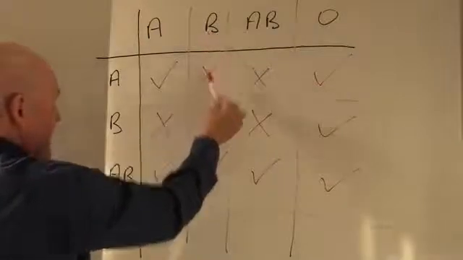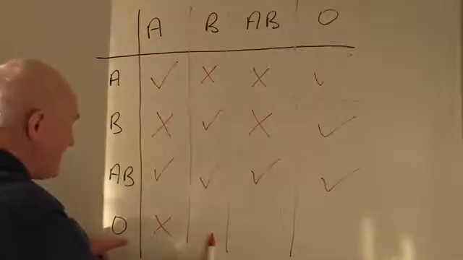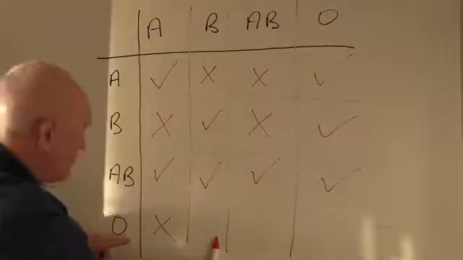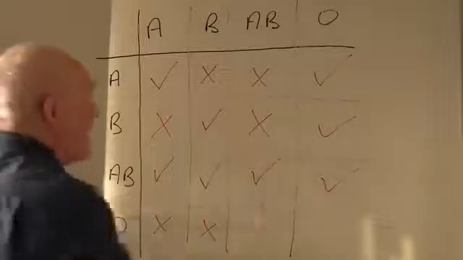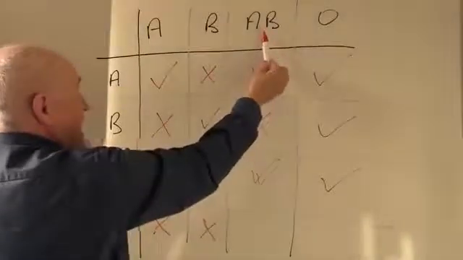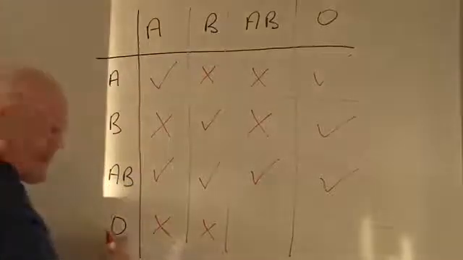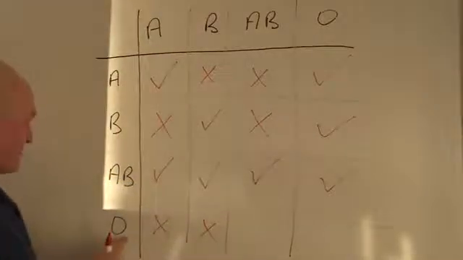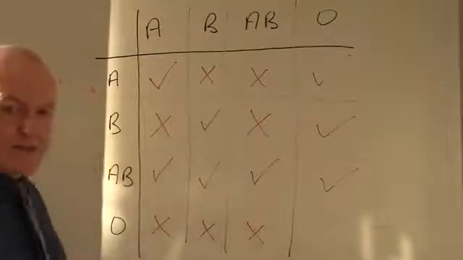B antigens again will be agglutinated by the B antibodies in the group O blood, so we can't do that. AB will have A and B antigens to be agglutinated by the A and B antibodies in the group O blood, so that is definitely not acceptable.